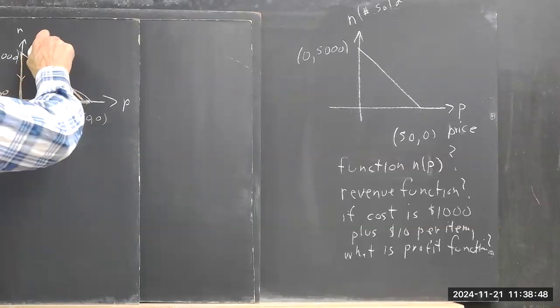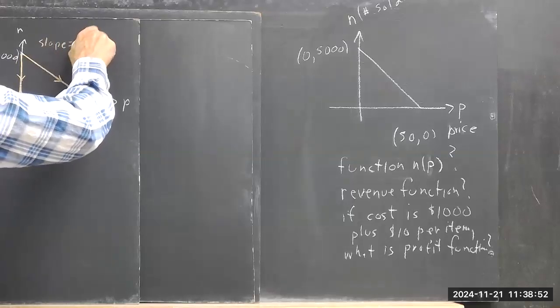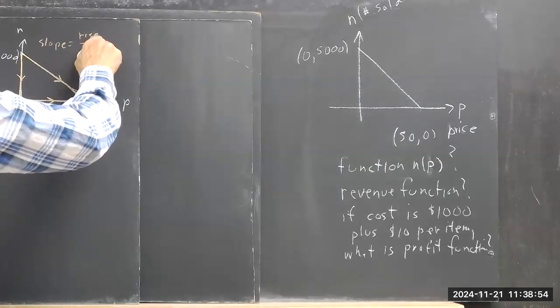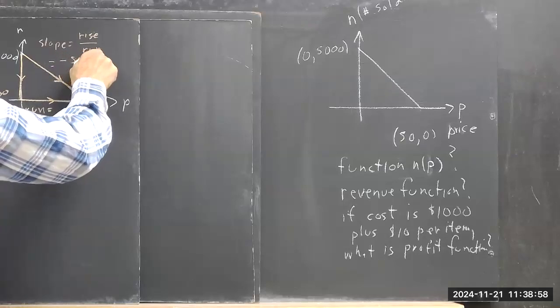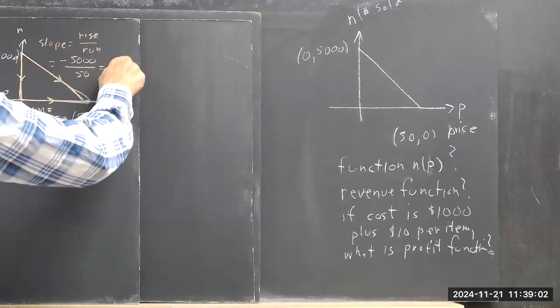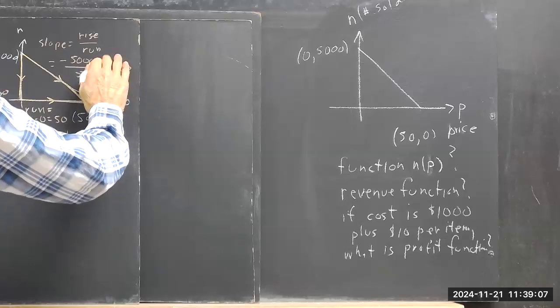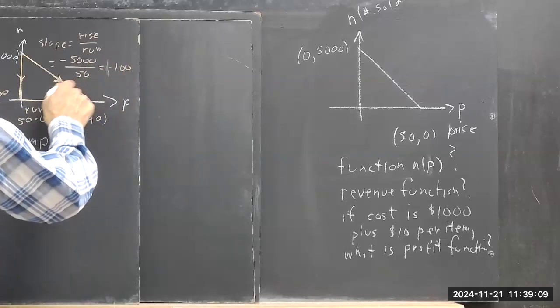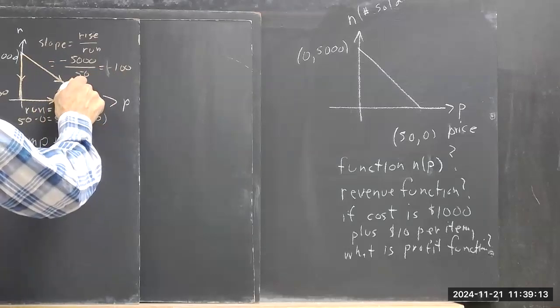So the slope equals rise over run equals negative 5,000 over 50 equals negative 100. And we put a box around that. We actually didn't leave myself enough room to do it, but I'll do it small.